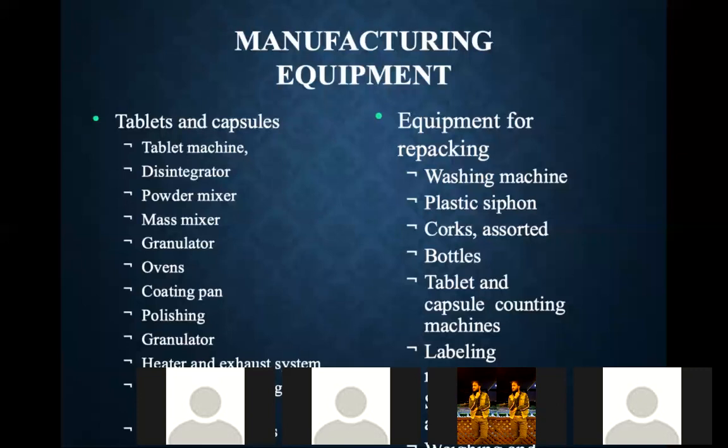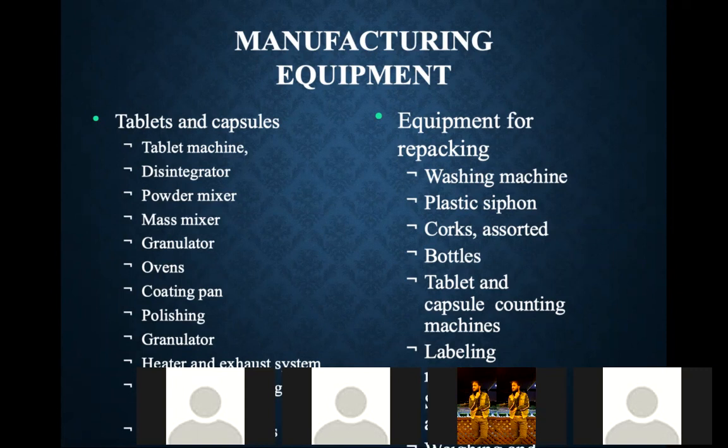Before going, you must tell me that there is a remaining time of 10 minutes, so I may complete this lecture. So equipment also for tablets: you may have tablet machines, disintegrators, powder mixer, mass mixer, granulators, ovens, coating pans. You must know the equipment for repacking. So after manufacturing, they have to go for repacking.